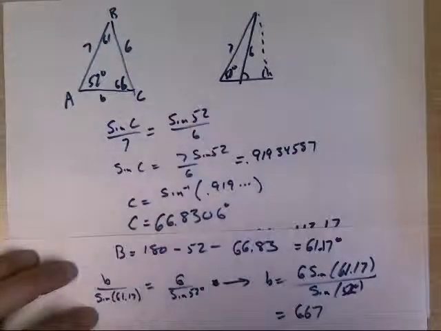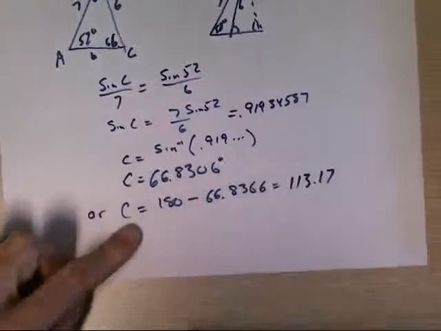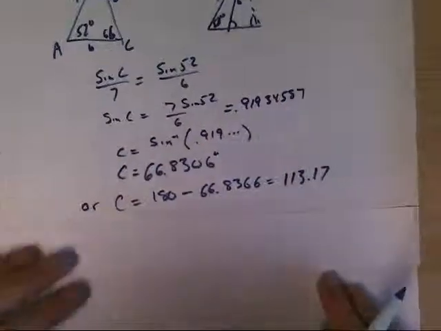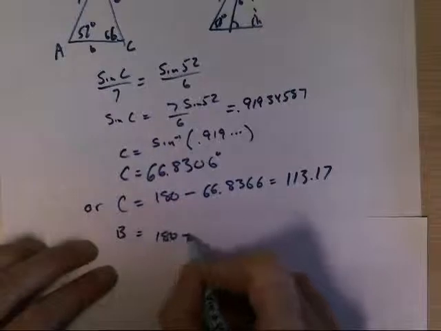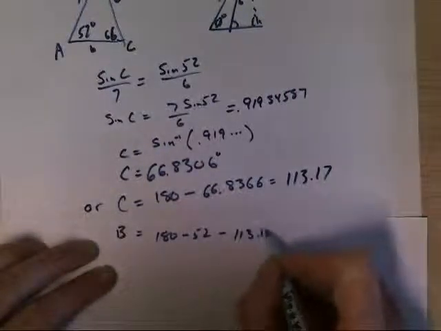Okay. Now, if on the other hand the triangle looked like that, then I'm going to do another calculation here and say that angle B would be 180 minus 52 minus 113.17.